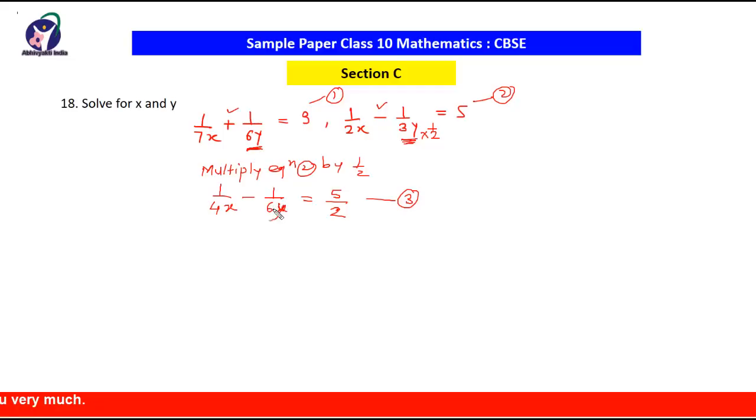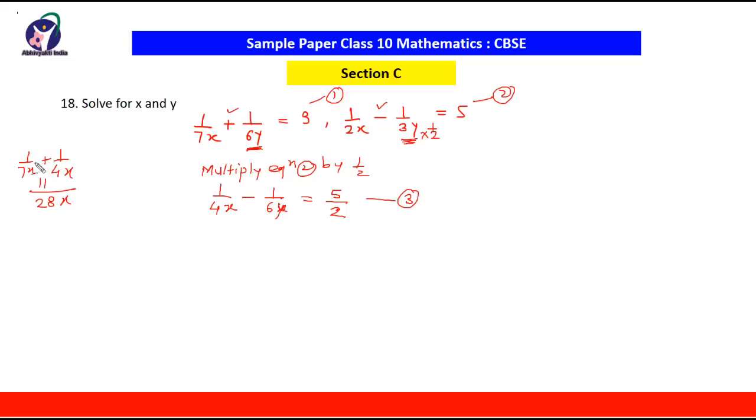If you add this 1 and 3, you will see that 1 by 6y minus 1 by 6y will get cancelled, and we will add these two, 1 upon 7x plus 1 upon 4x. We will have to take the LCM. LCM will be 28x, and here we will multiply by 4 and here by 7.